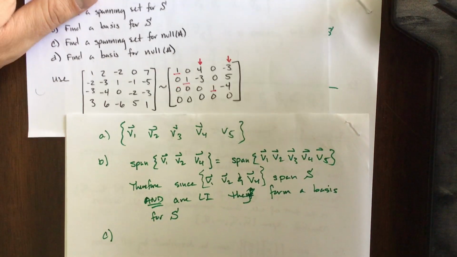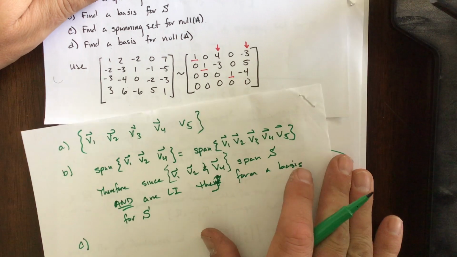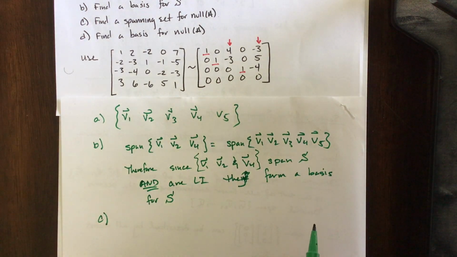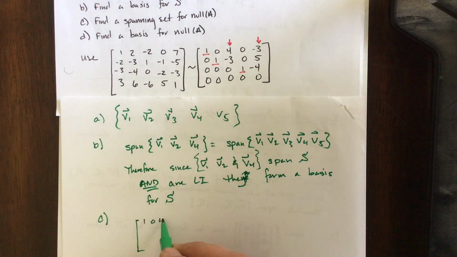Okay, well, to do that, we take our matrix and we row reduce. Well, we've already done that. So we start in our row reduced echelon form: 1, 0, 4, 0, negative 3; 0, 1, negative 3, 0, 5; 0, 0, 0, 1, negative 4, and zeros all the way down.